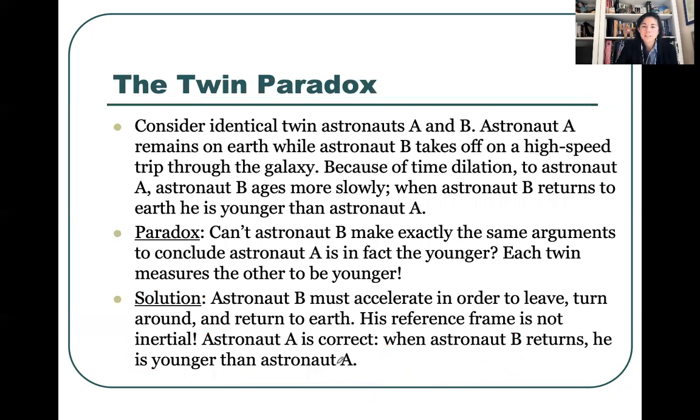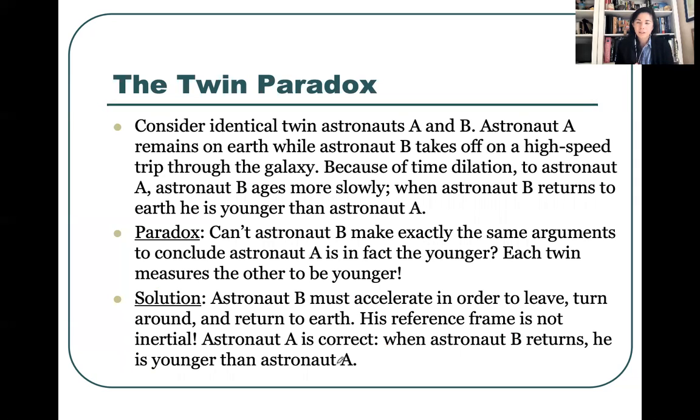One more thing, because you might be a little bit or very confused by these ideas, and it makes sense, because it's really far from what we've experienced so far. There is a paradox called the twin paradox.